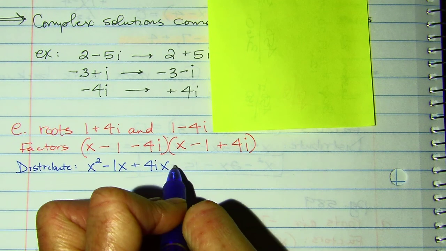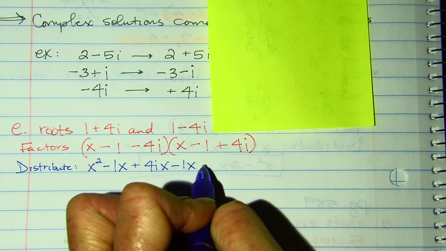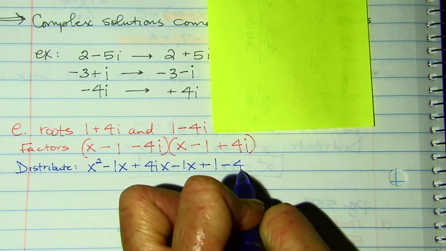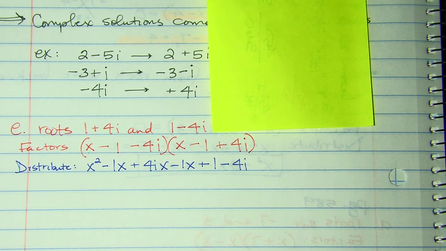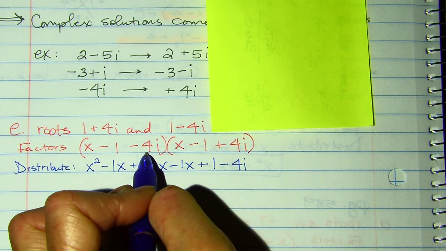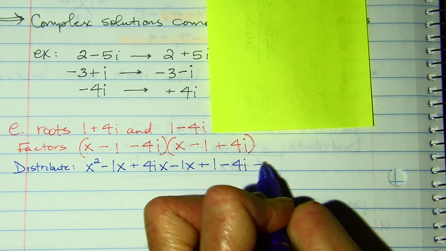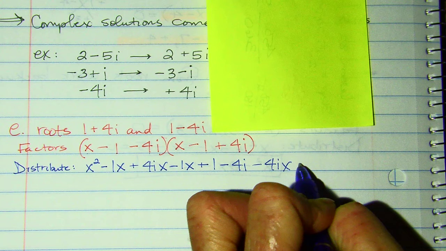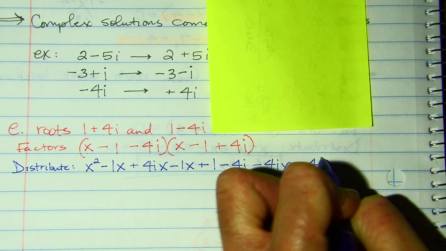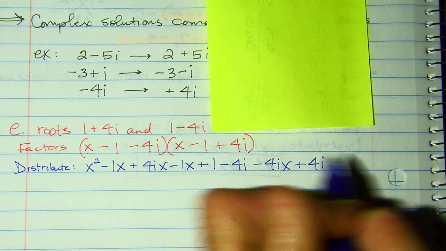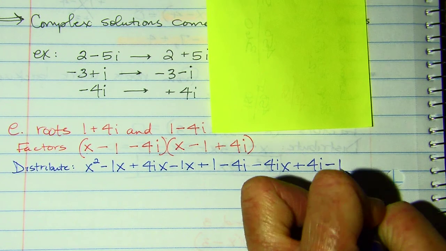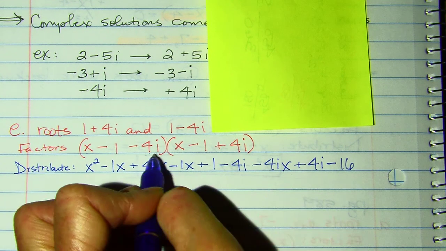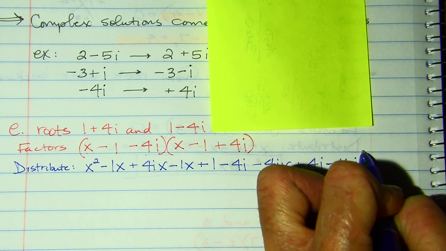Now distribute the negative 1, so negative 1x, plus negative 1 times 4i is negative 4i. Now distribute the negative 4i: negative 4i times x is negative 4ix. Negative 4i times negative 1 is positive 4i. And negative 4i times positive 4i is negative 16, because a negative 4 times a positive 4, and i times i is i squared.